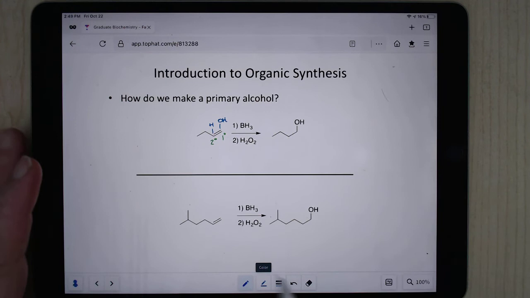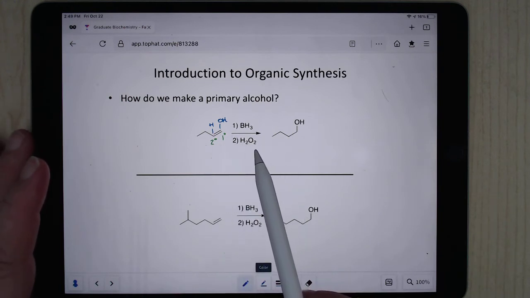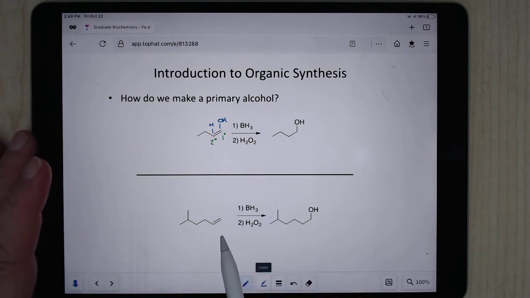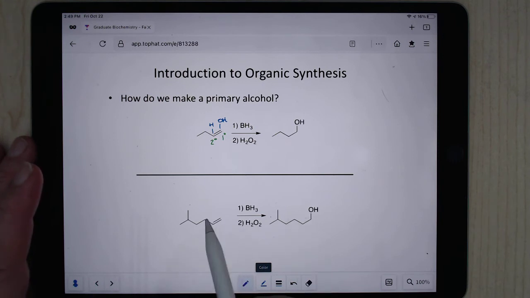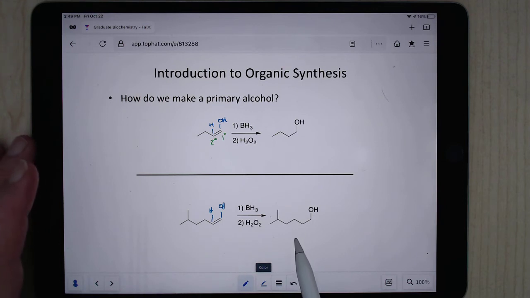Now, to do this on our molecule, which would be down here, the molecule better look like this, with an alkene here, so that we can do that hydroboration to put it here, right? So we can have H on this side, OH on this side. Now the question becomes, how the heck do we make this alkene here?